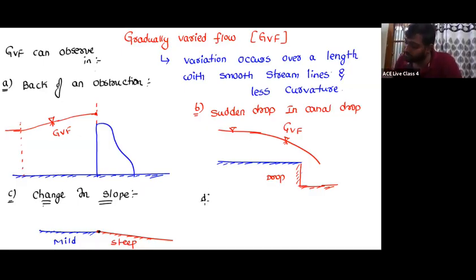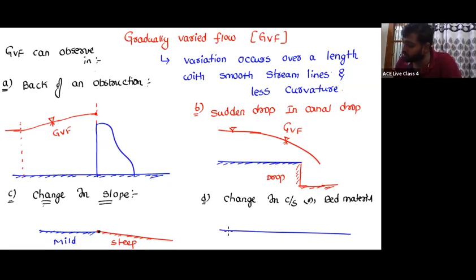And you see, change in cross section or bed material. So this time what I do is I don't change the slope. This is a sloped channel bed only, but in one section it may be a rectangle, and in some other section it may be a trapezoidal.